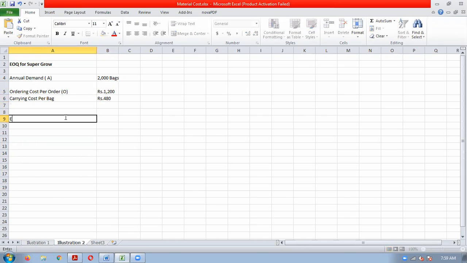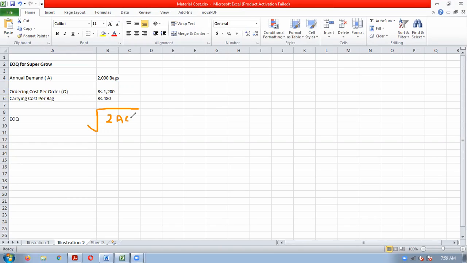So what is the formula for EOQ? The formula for EOQ is square root of 2AO divided by C. So 2 into A, which is 2000, already given in the illustration.